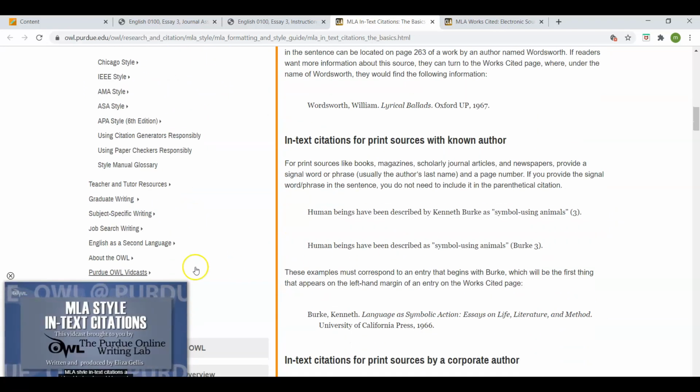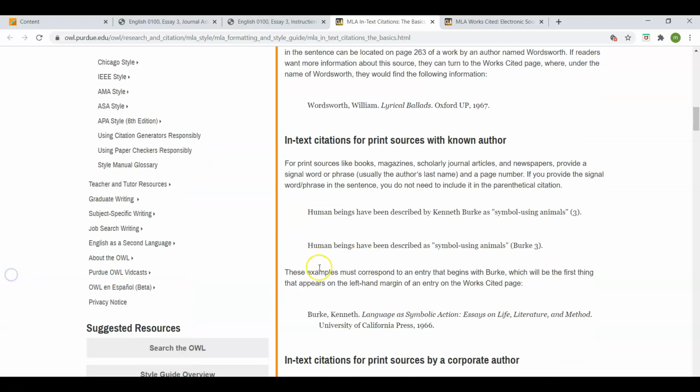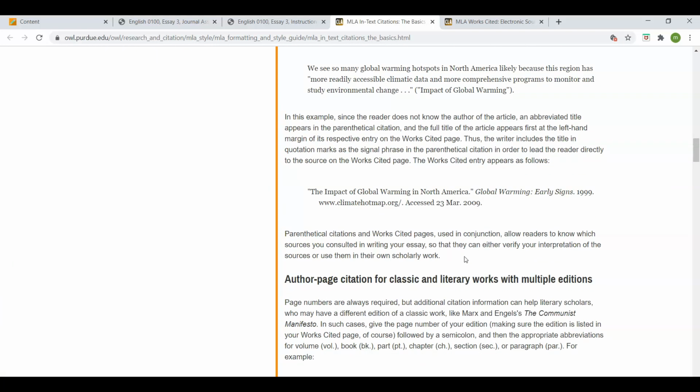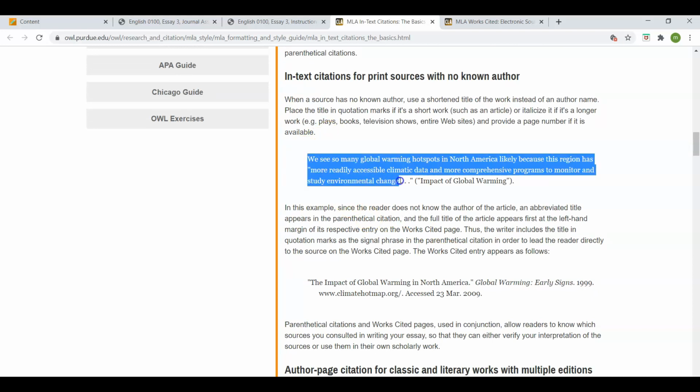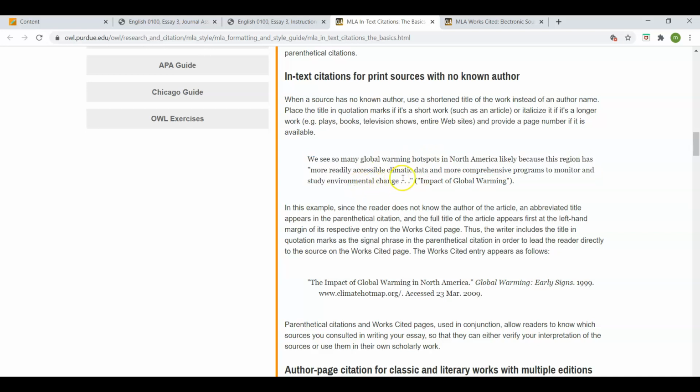So let me see. You'll notice that this right here is a quote. So imagine that this is part of someone's essay, of a student who wrote a paragraph and included this sentence in the paragraph.